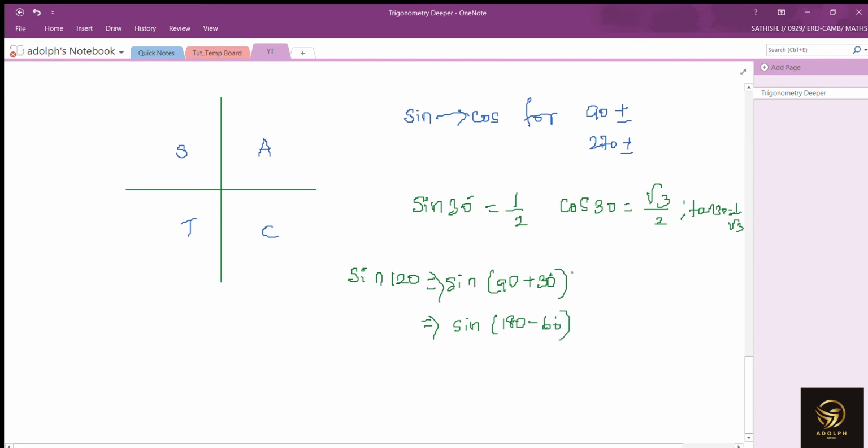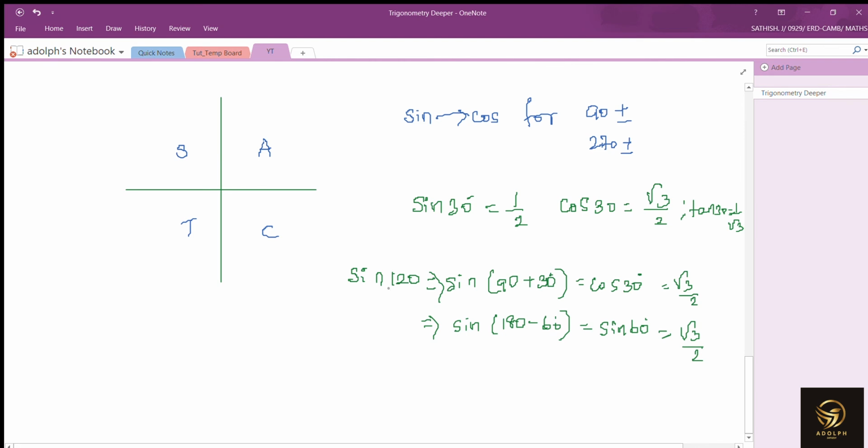So if I write sine 90 plus 30, it is going to be cos 30 degree, and sine 180 minus 60 will remain as sine, but the angle value is 60. So cos 30, it is nothing but root 3 divided by 2, and sine 60 before I did not give, but we know that it is also root 3 divided by 2.